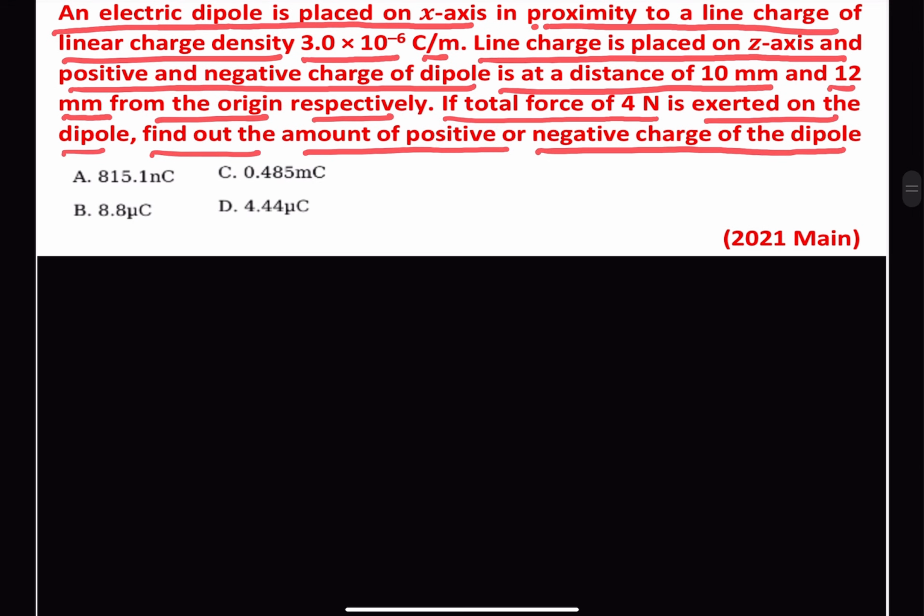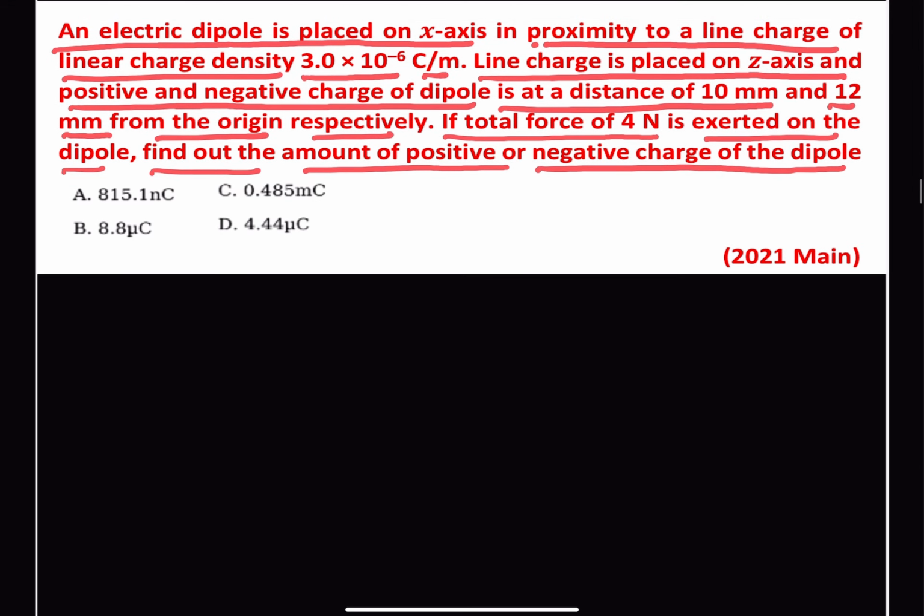We are given that we have a dipole placed on the x-axis and a line charge placed along the z-axis. So let us suppose we have a line charge and its density is positive, and suppose this is our x-axis and we have the dipole placed along this x-axis such that the positive is at 10 millimeter.